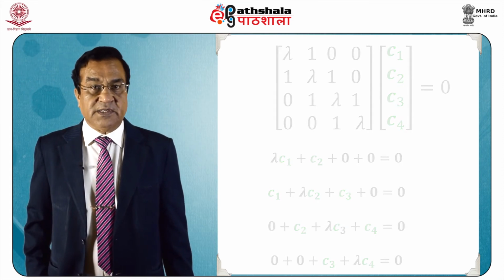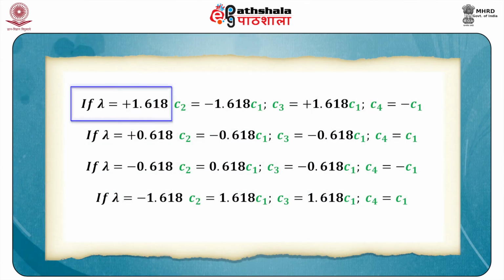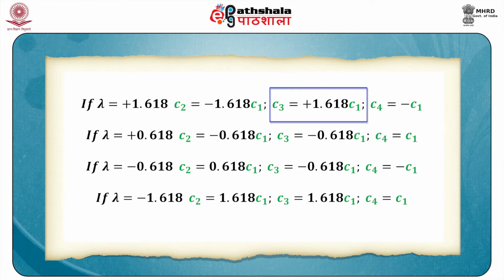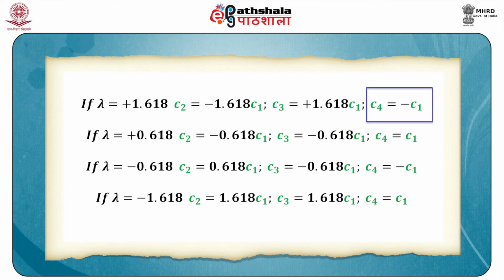As you can see here, when lambda is equal to 1.618 beta, the corresponding coefficients become C2 is equal to minus 1.618 C1, C3 is equal to plus 1.618 C1, and C4 is equal to minus C1. Similarly, for other values of lambda, we have the corresponding relationships between C1, C2, C3 and C4.